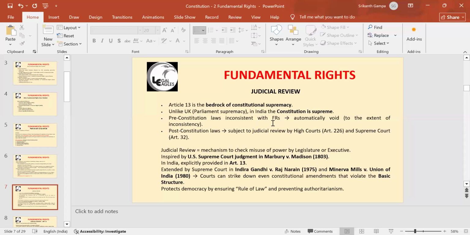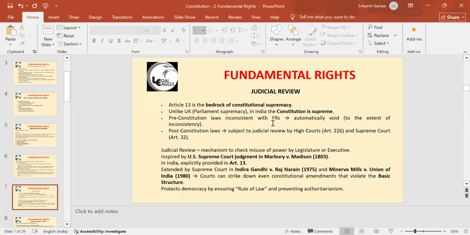After the Constitution, any act which is passed in contravention of, or not in consistency with, the Constitution of India is also not valid. Such acts are void ab initio, totally void, if they violate any rights under the Constitution.